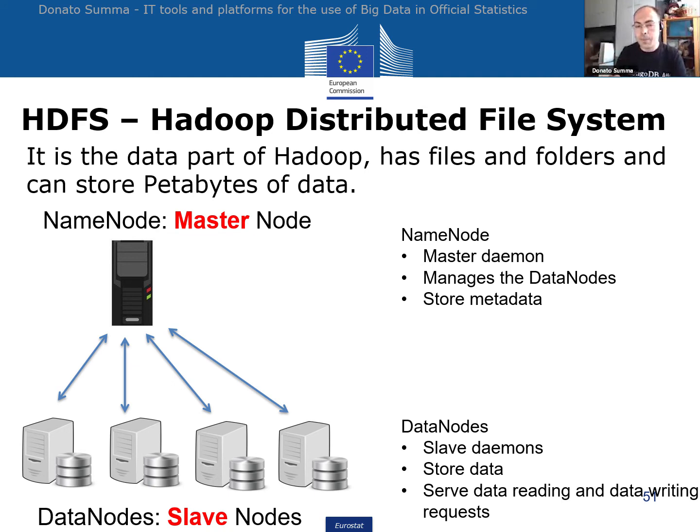So basically, the master node is responsible for knowing how the data are arranged over the slave nodes. In contrast, the slave nodes, also called data nodes, are nodes that physically store data and serve data reading and data writing requests that are sent to the distributed system.